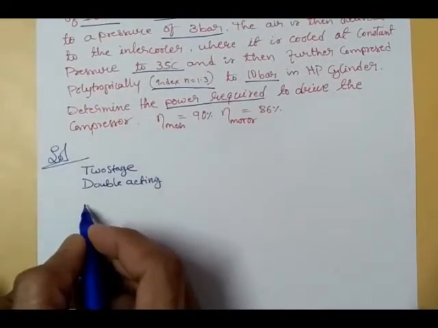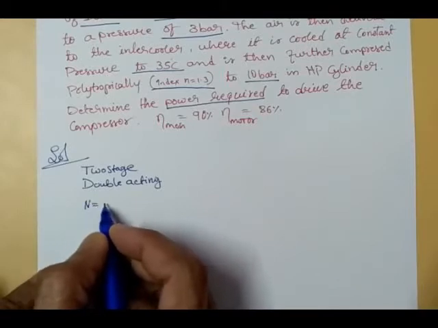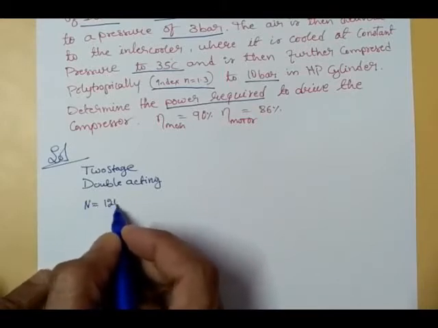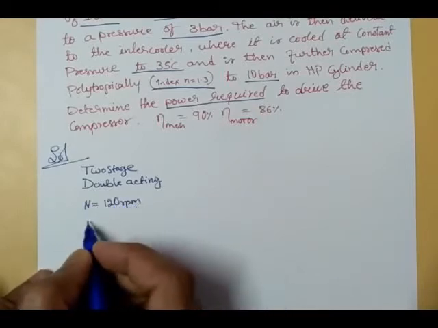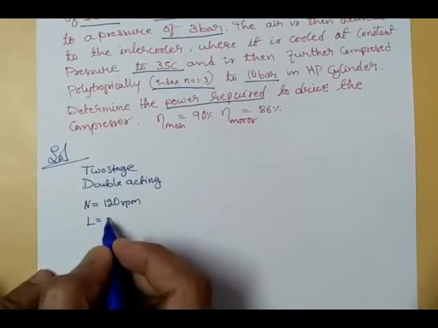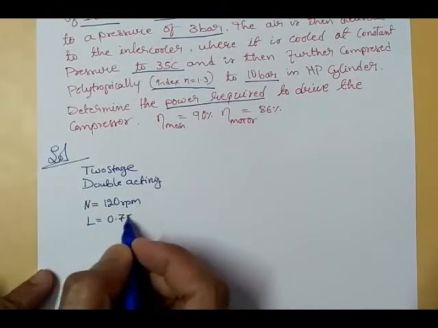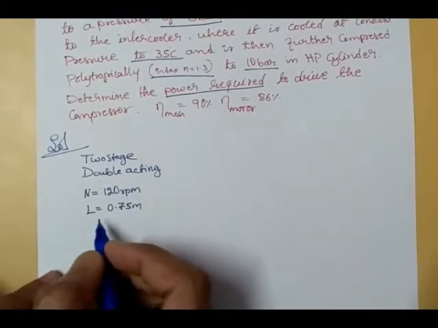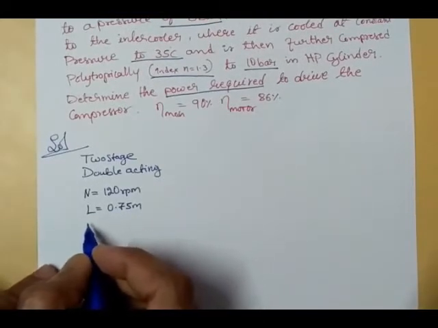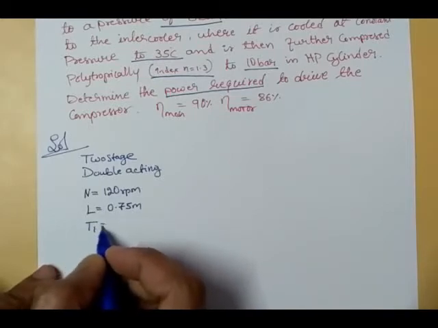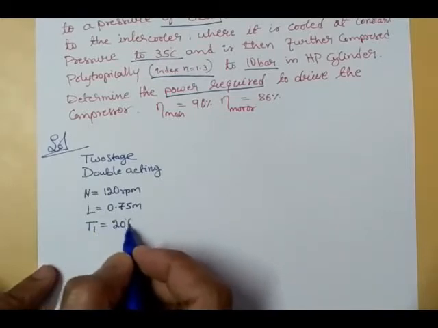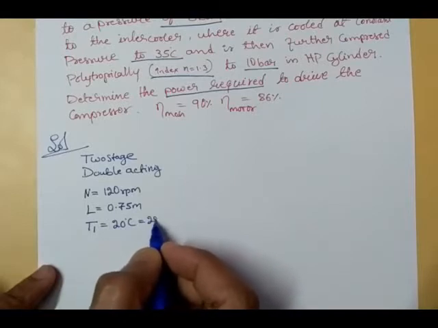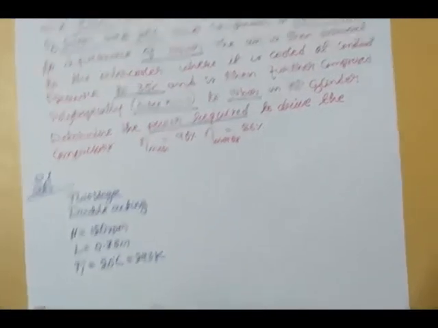It has a running speed of 120 RPM, then stroke length 0.75 meters, and the inlet temperature T1 is 20 degrees centigrade, that is equal to 293 Kelvin.